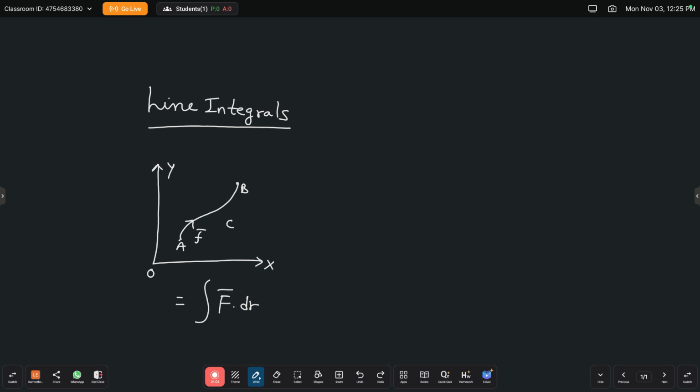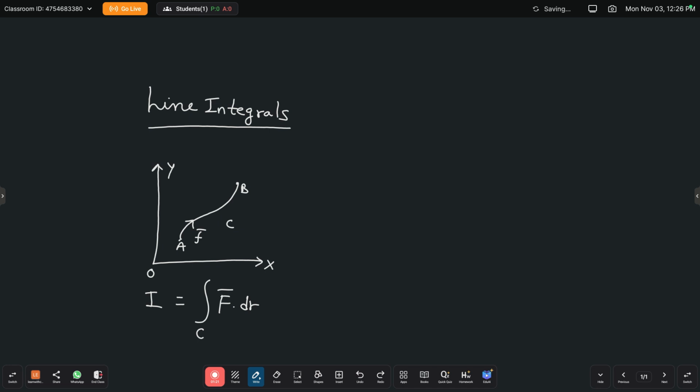So here C represents a smooth curve joining two points A and B, and the integral taken along this curve is called line integral. It is given by I is equal to integral f dot dr over C.